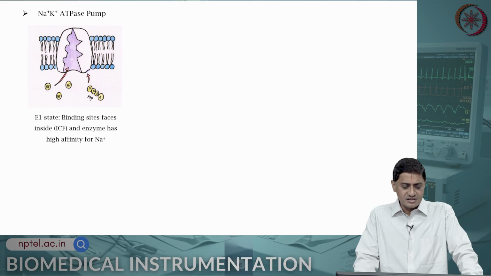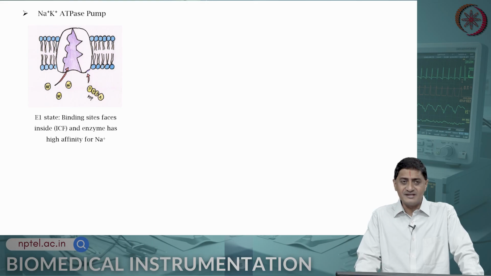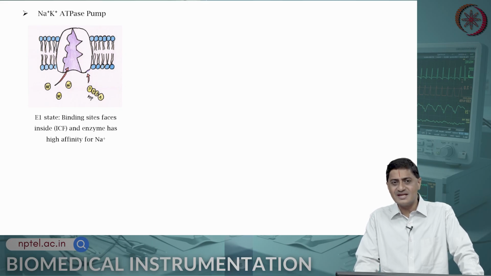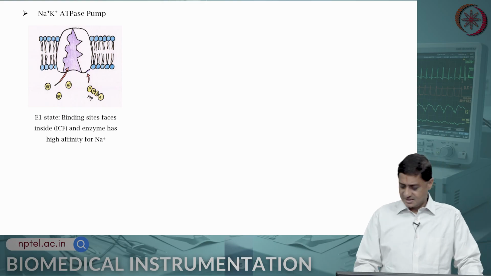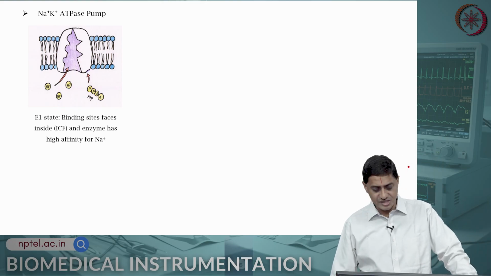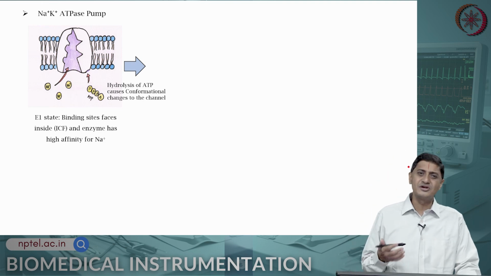in which the binding sites face the inside of the cell, and in this state this protein, the sodium potassium ATPase, has very high affinity for sodium, and when ATP is attached it undergoes a conformational change. It essentially hydrolyzes ATP.